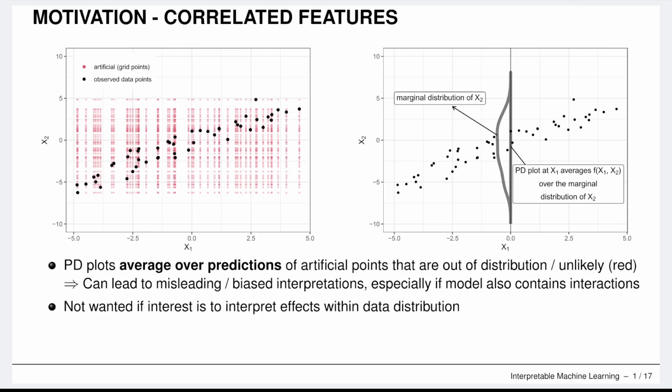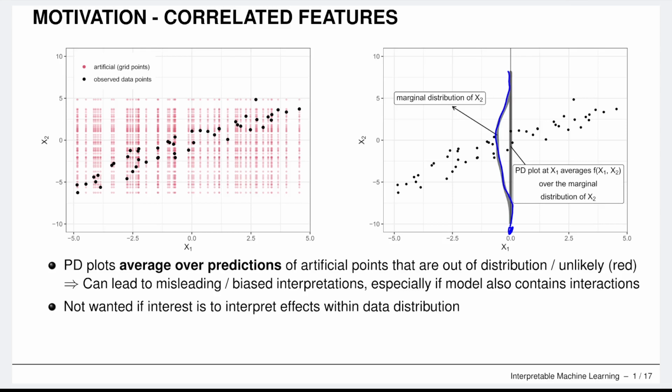On the right-hand side, we show an example where we use the marginal distribution of the feature x2. Basically, the partial dependence plot at each position of a grid point, for example, at the position of 0 for x1, averages the predictions using the marginal distribution of x2. This means that it takes into account all feature values of x2.